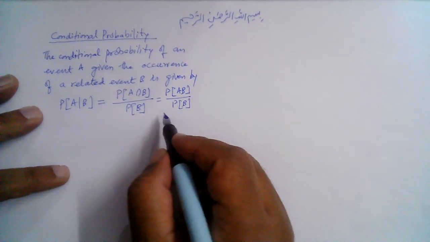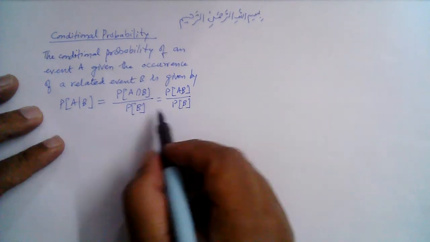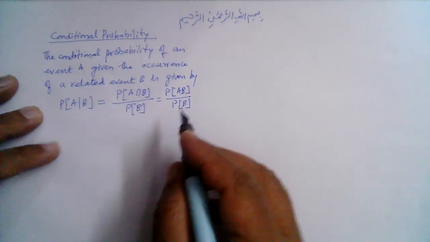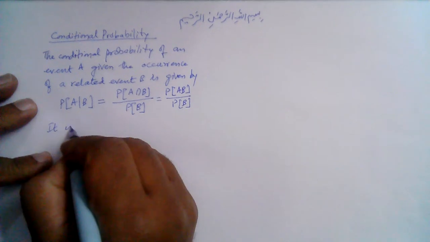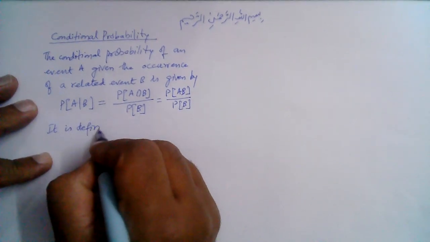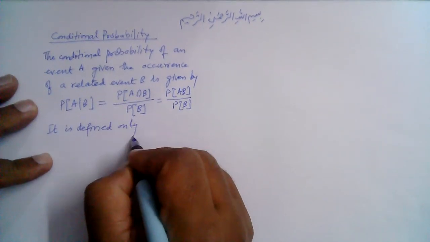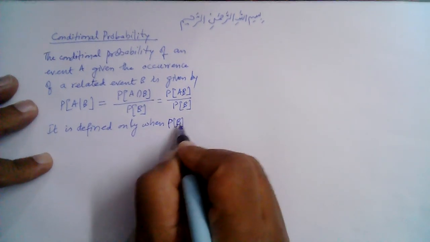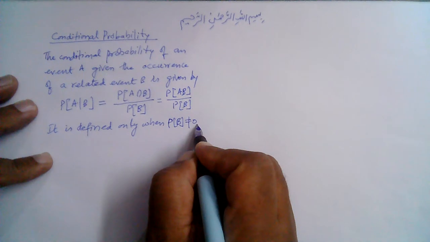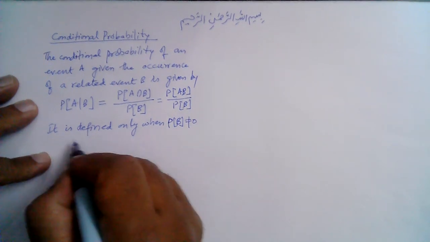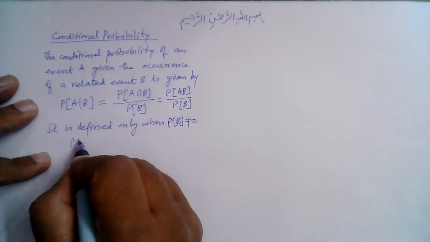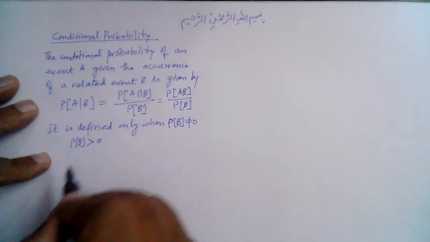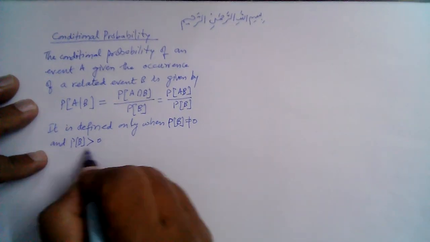So it can be seen that it exists only when probability of B is not equal to 0, right? It is defined only when probability of B is greater than 0.